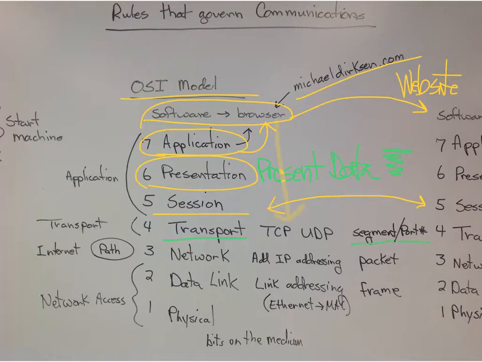Okay, if that makes any sense. We're taking that data and we're splitting it up into segments. Giving them port numbers, and so we have this block of data now.